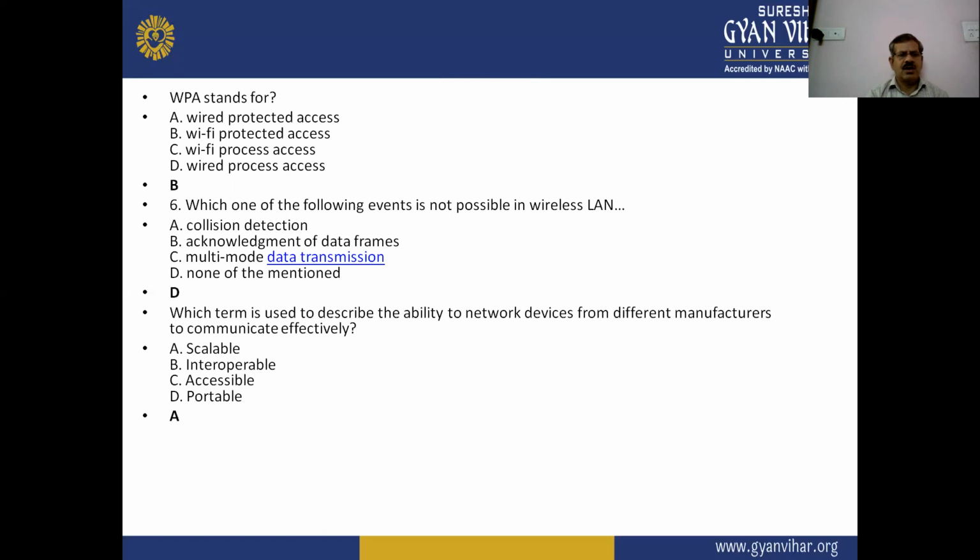Here option D is correct, because A, B, C are possible, so the event that is not possible is not mentioned in these options. The correct answer is D.